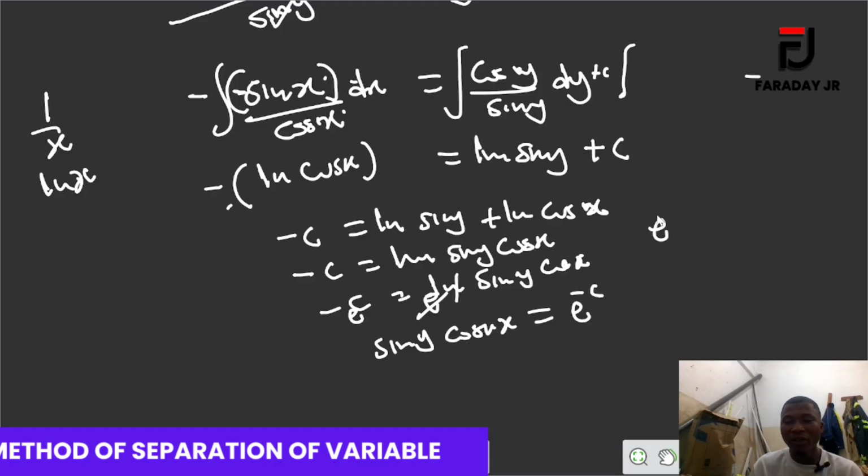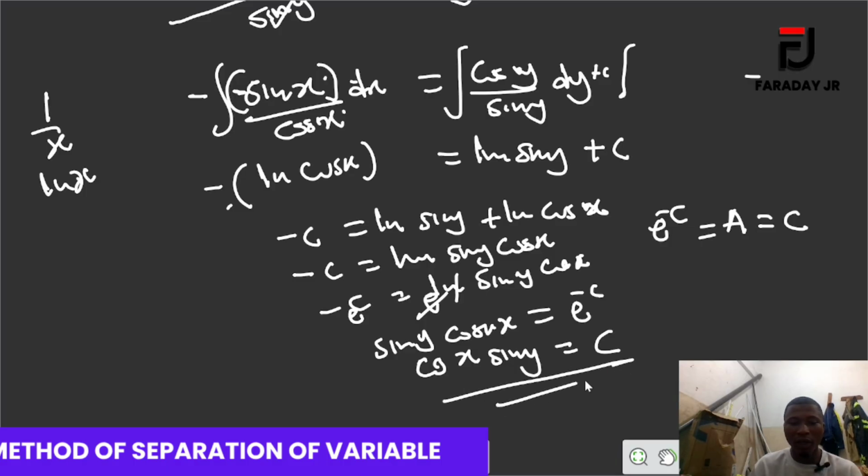So if we have e exponent minus c, we can say this is the same as a, and it's also the same as C. So we can say cos x sine y is equal to C. I've already established that it's equal to C, and this will be the end of our result.